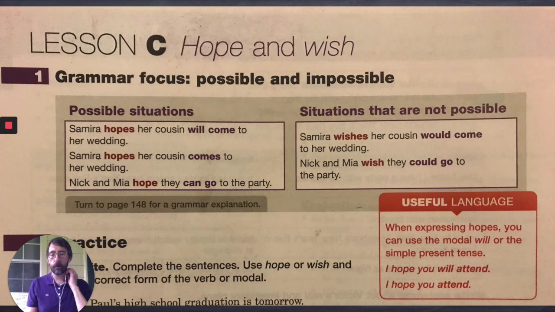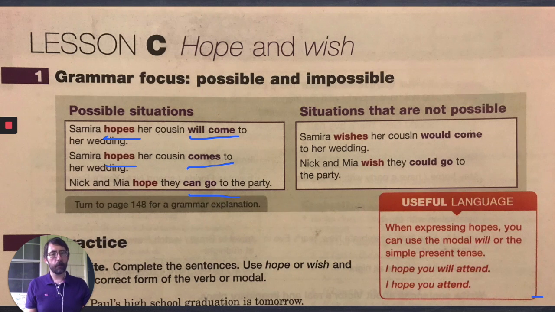So here, on our first example, we have Samira hopes, and then will come. Hopes, comes. First one's future, second one is present, and then hope can go. Okay? That's for situations that are possible, like one day traveling back home to your country.